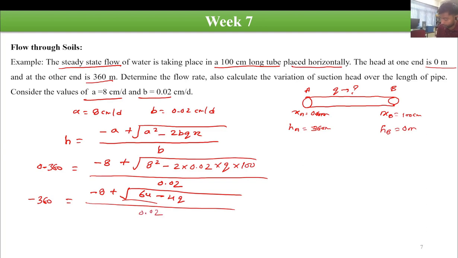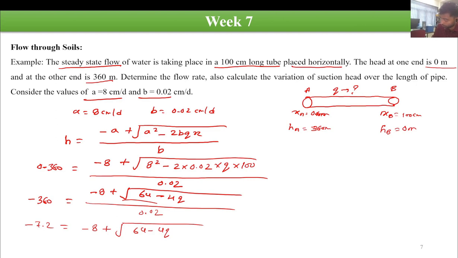If we solve it further, this becomes 360 into 0.02, that is minus 7.2, equal to minus 8 plus under root of 64 minus 4Q.